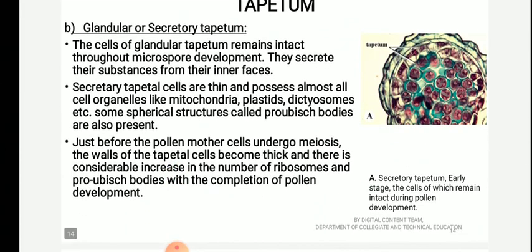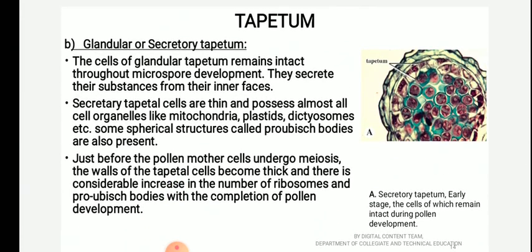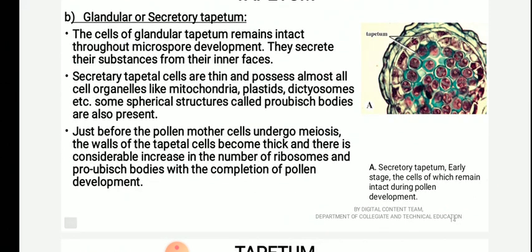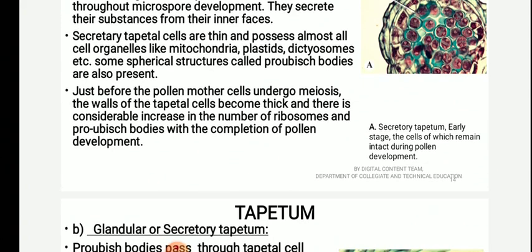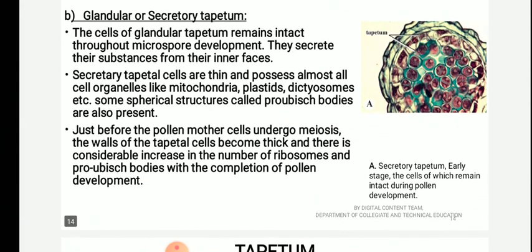Let's go to the second type of tapetum, that is the glandular or secretory type of tapetum. The cells of the glandular tapetum remain intact throughout the microspore development. They secrete their substances from their inner faces. Secretory tapetal cells are thin and possess almost all cell organelles like mitochondria, plastids, dictyosomes, etc. Some spherical structures called proubisch bodies are also present.